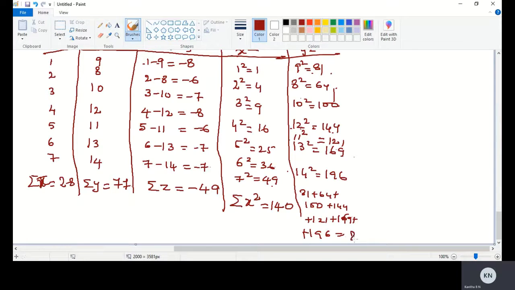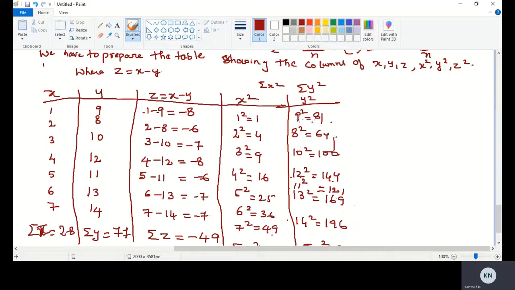We'll get 875. Summation of y square is 875. Okay.